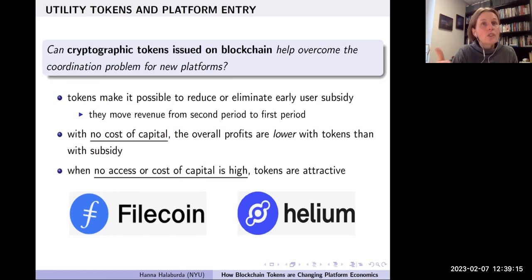So speculators are going to come in only if the price in the future is higher than the price today, and they are going to even out the price on expectations. But that is going to strengthen the result. It's going to bring more profit to the present at the cost of the future, and the profits will be even lower.